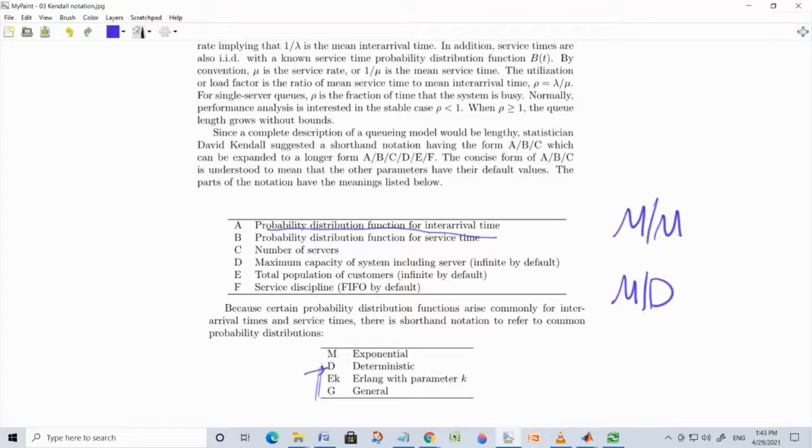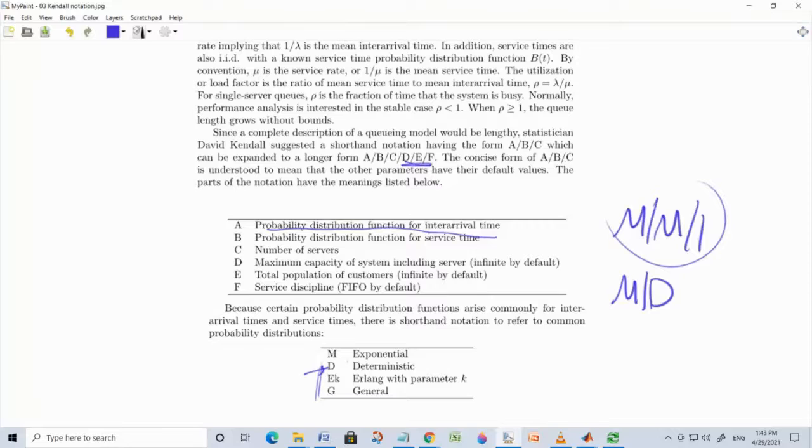The service time can be one of those too. The third thing you mention is the number of servers. So if you read M/M/1, it means the inter-arrival times are exponential, the service times are exponential, and there is just one server.